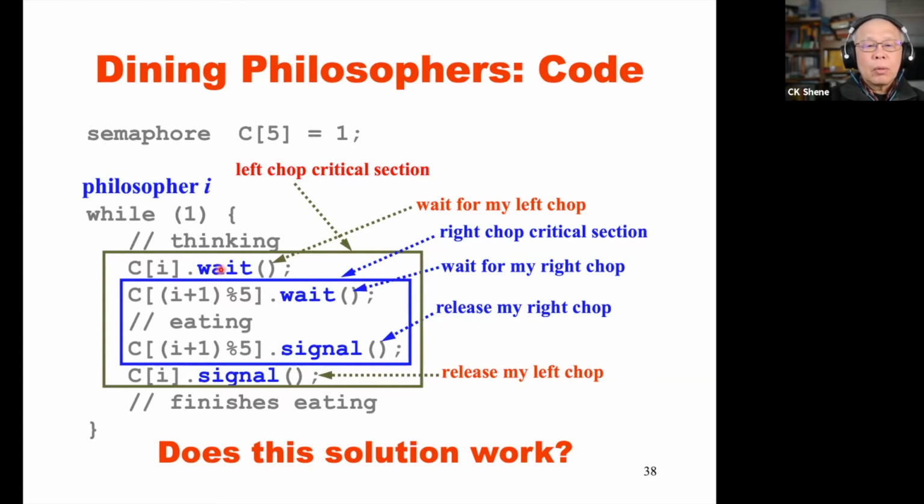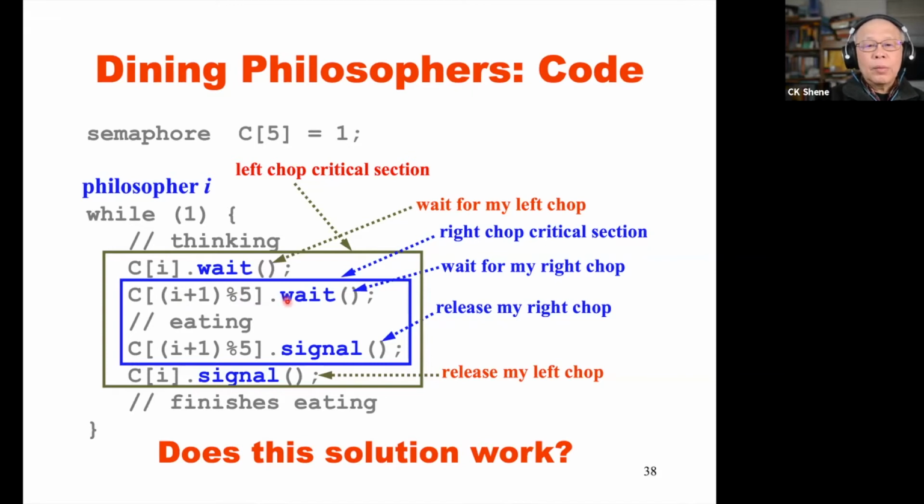After philosopher i is able to proceed, philosopher i must pick up his right chopstick, chopstick (i+1) mod 5. So philosopher i, after picking up his left chopstick, tries to pick up his right chopstick. Of course, he may be blocked.